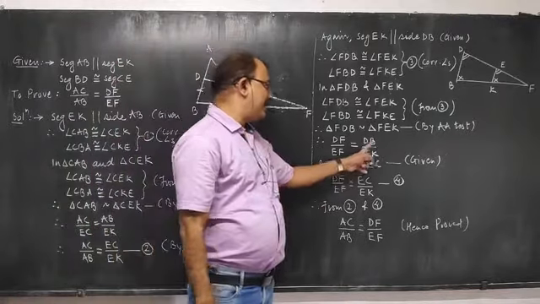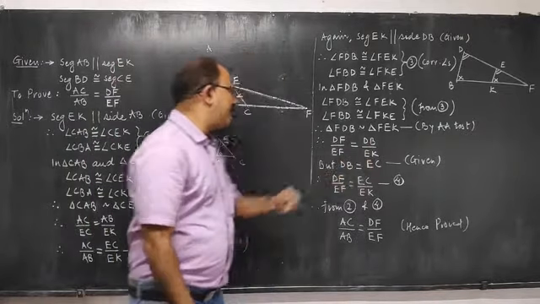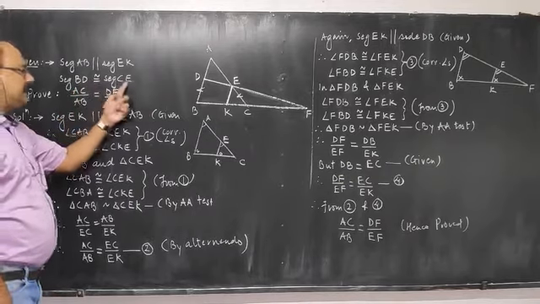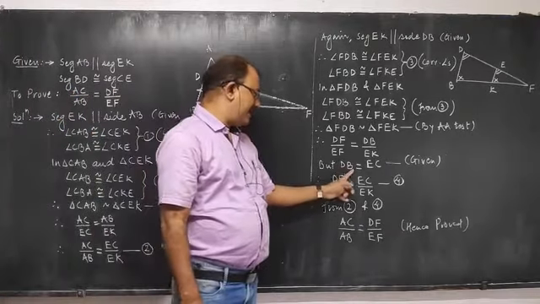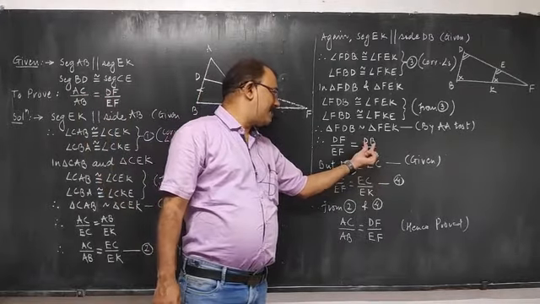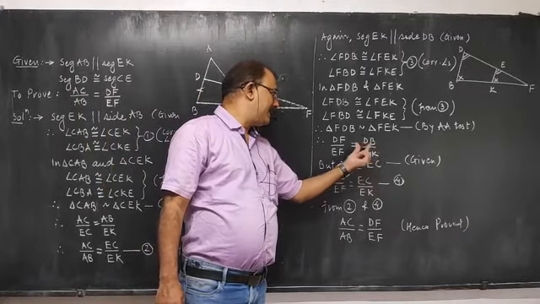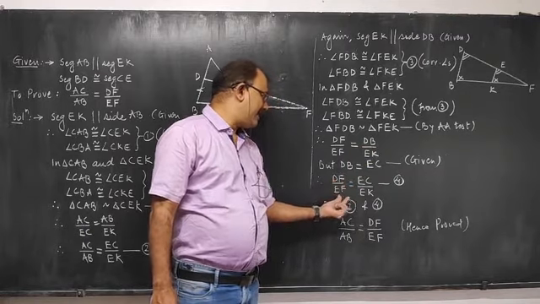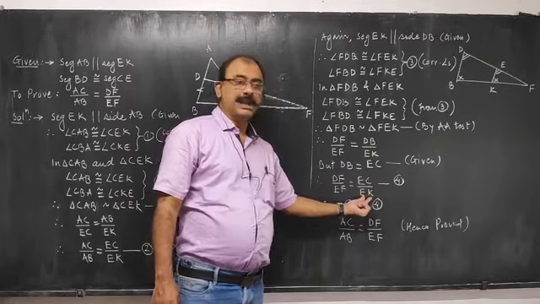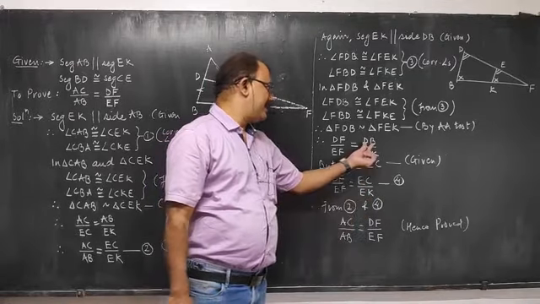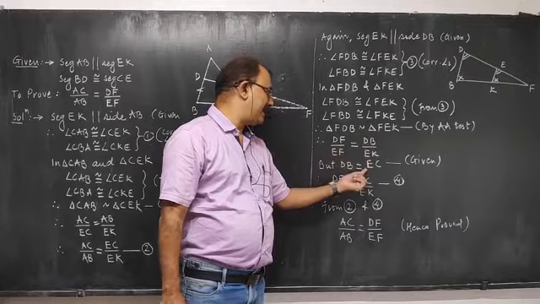So I wrote DB upon EK, but we are given that DB and CE are equal. So DB is equal to EC. This is given. So in place of DB, if I put EC, this equation converts to DF upon EF is equal to EC upon EK. Any doubt? So simple it is. DB I have replaced by its equivalent EC.